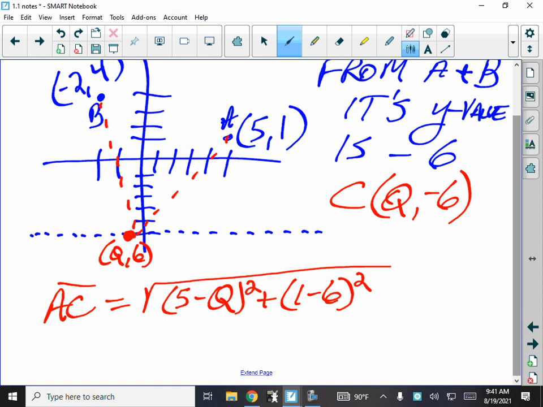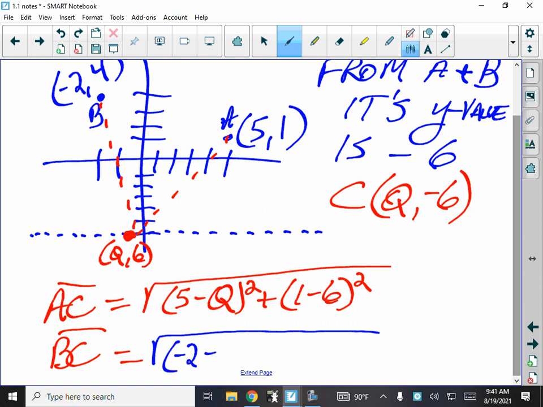You're right, you're right. But it's got to be equidistant for BC. So here goes BC. Oh, wait, let me change colors. Okay, BC would be (-2 minus Q) and 4 minus 6.